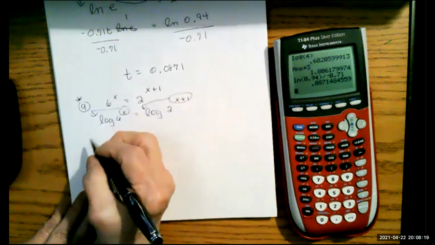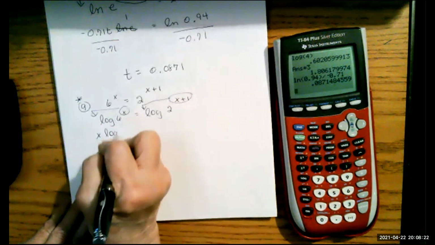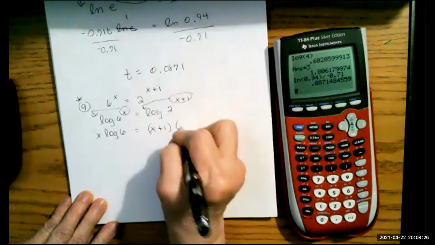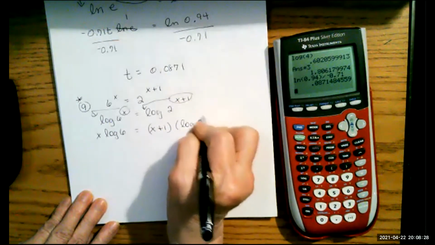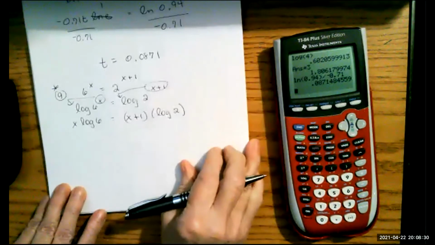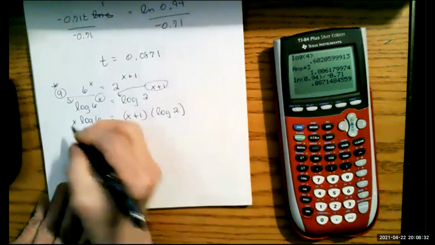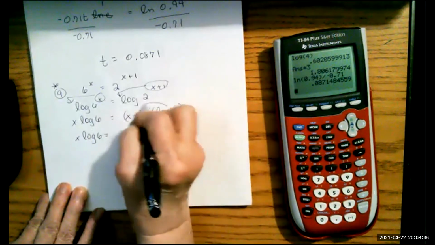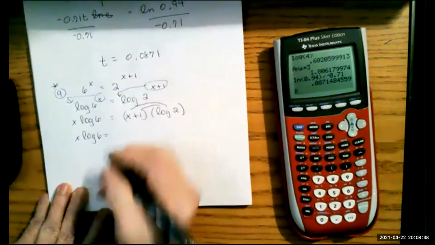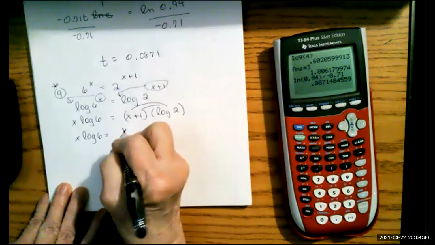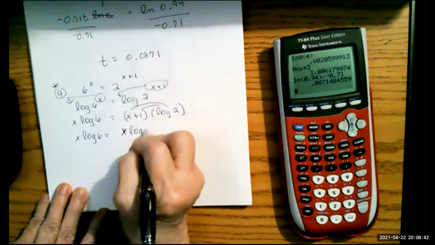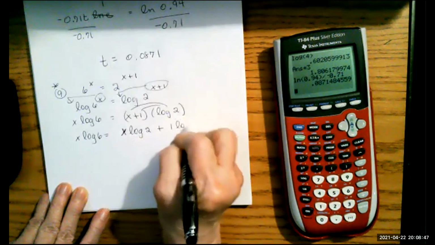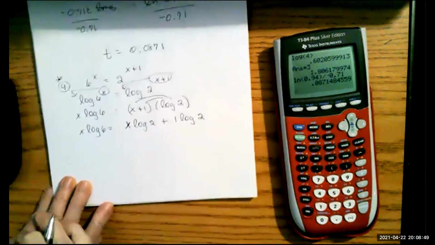So I am going to distribute that thing in a minute. So what happens is I'm going to end up distributing that times that log 2. So I'll have x log 2 plus 1 log 2.